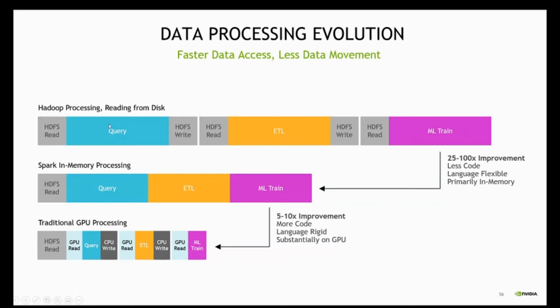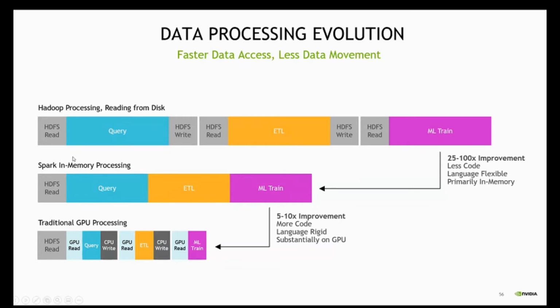So this was not one unified process. You had to continuously read, apply the operation, write on disk, and again read, apply the operation, and write on disk. So it was not a very efficient way of processing large data sets on Hadoop.